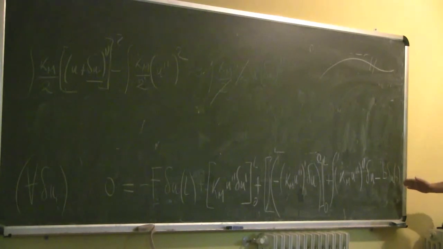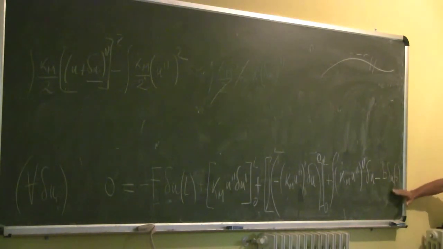So, find the function US such that for every delta U, this is equal to 0. This is our problem now.